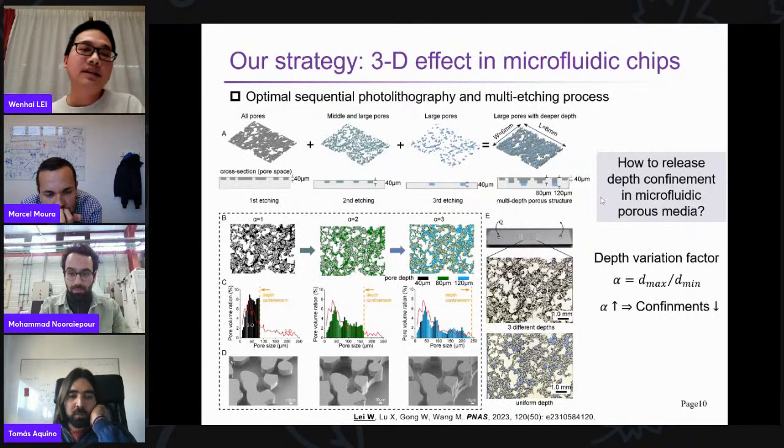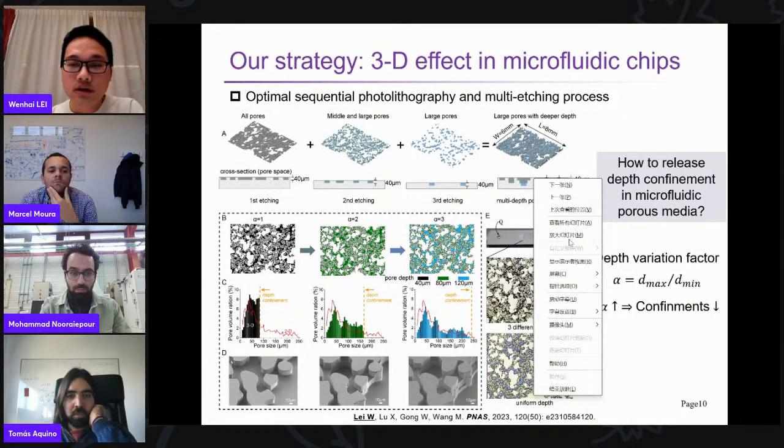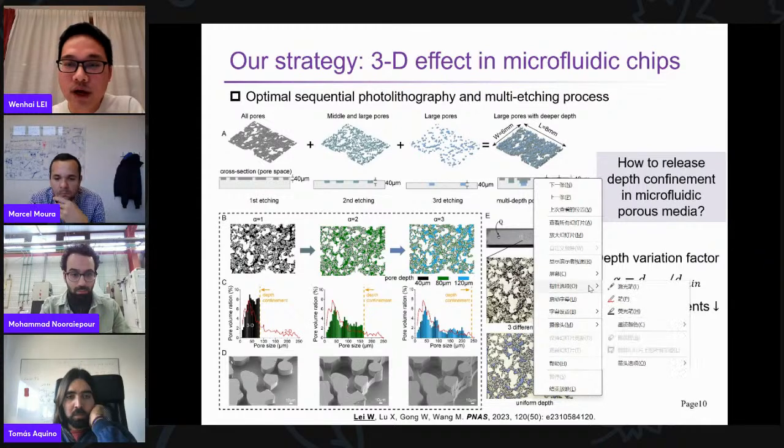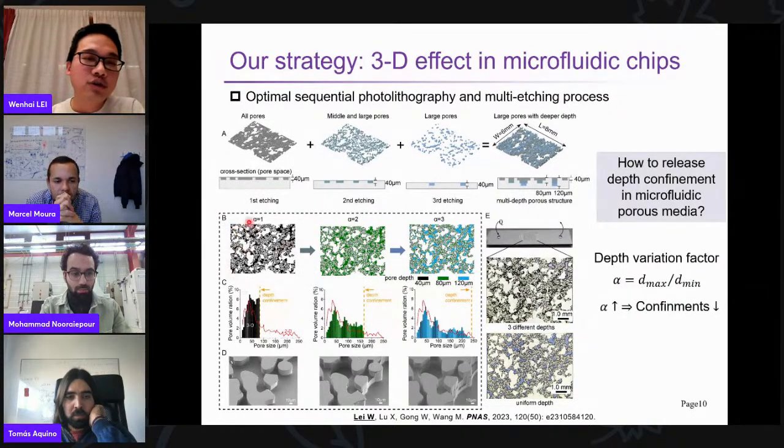So in this study, we choose sequential photolithography and a multi-etching process to realize the 3D effect in the microfluidic chips. So first, we use a random generation algorithm to generate a similar 2D porous media, and then use a maximal ball algorithm to characterize the pore size in the 2D porous media, and separate the pores into smaller pores, middle pores, and larger pores.